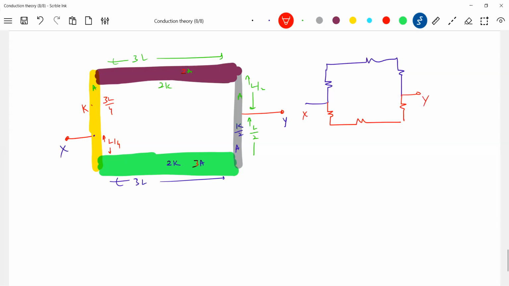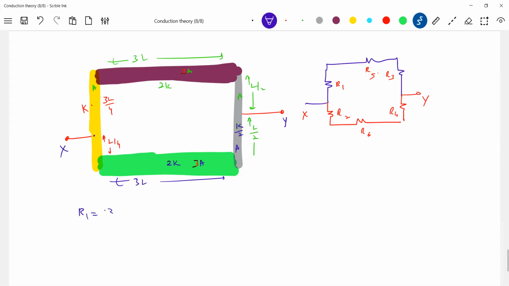This is Y, this is X, no? Call these R1, R2, R3, R4, R5, R6. Symbols will take the analogy, it'll be easy. R3, R4. Let this be R5. Let this be R6. What are R1, R2? We don't know yet.